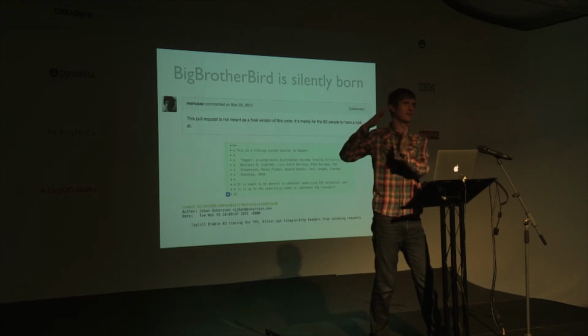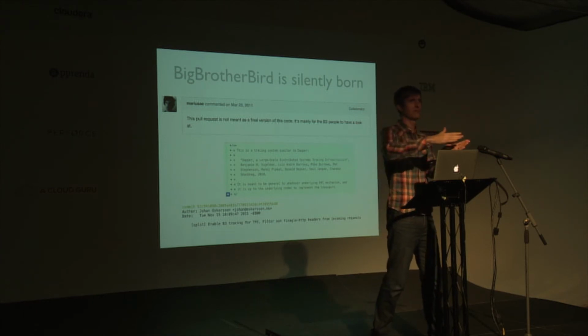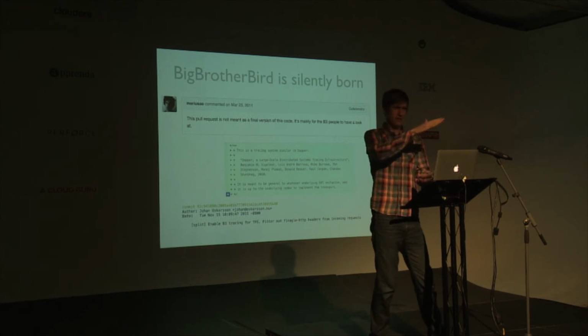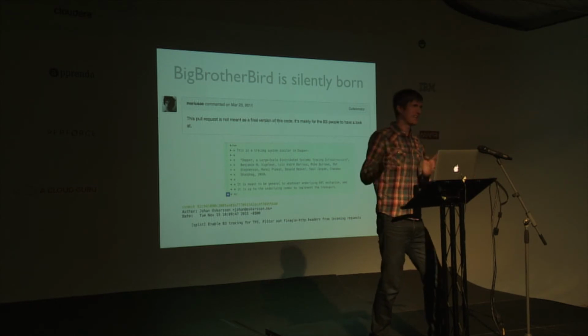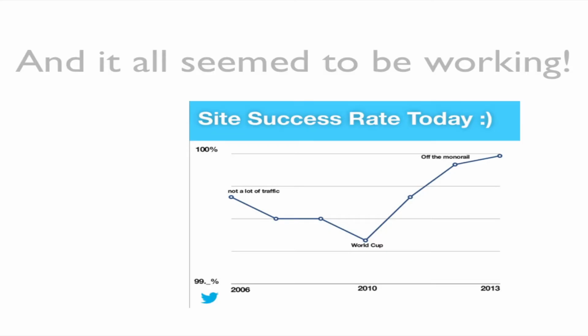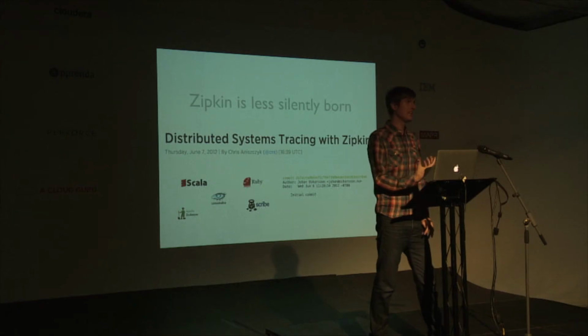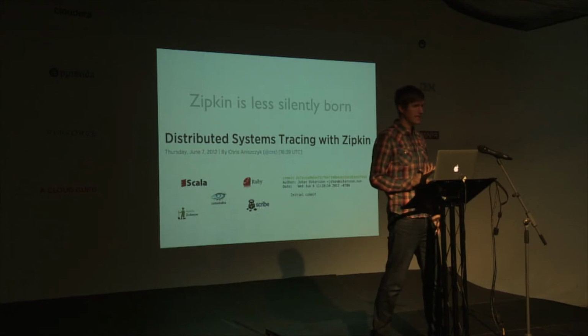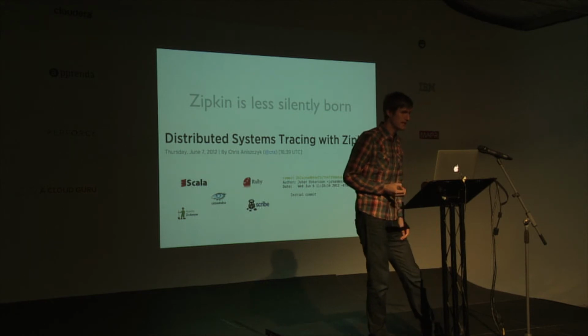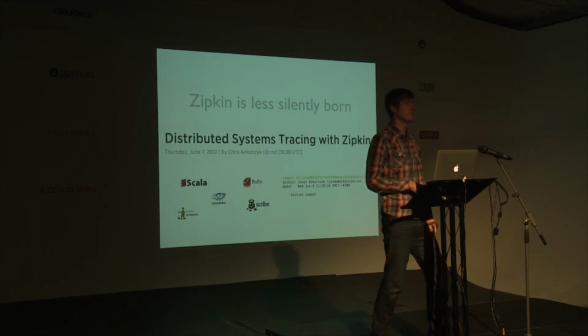Like Big Brother Bird was never open source, but the client for Big Brother Bird was. And so okay, there's something out there, but I can't really touch and play with it. And Zipkin was an interesting evolution of that because it allowed people to really engage because they could actually install and run it. And back in 2012, a lot of these things on the screen were interesting to people.